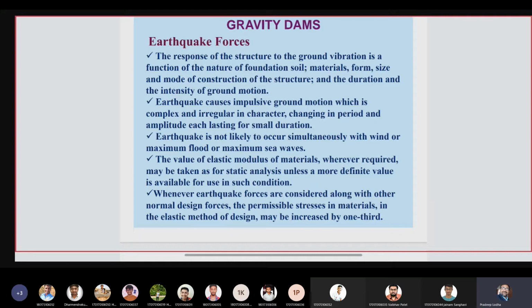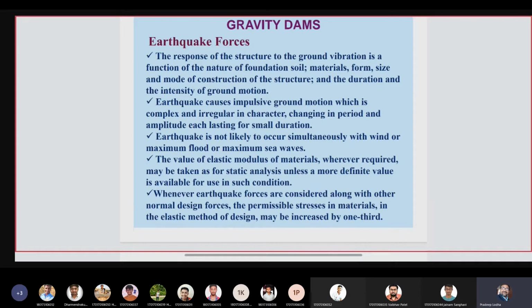And the last bullet says that the compressive permissible stresses could be increased by 1/3, as you might have seen in the earlier subject also, when we are considering the earthquake forces. So that is important.